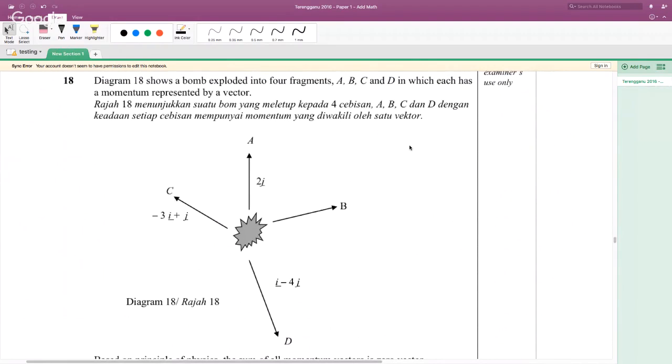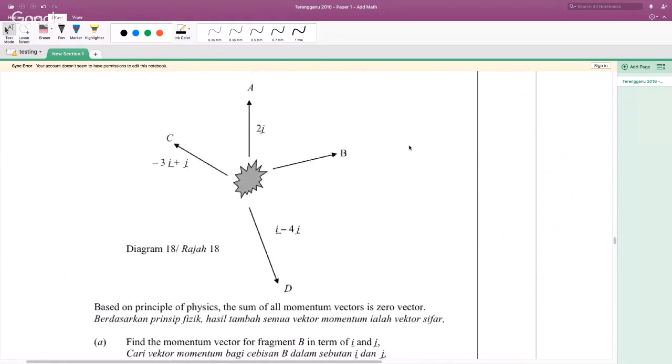Okay, so diagram 18 shows the bomb exploded into 4 fragments A, B, C, D, in which each has a momentum represented by a vector. So based on the principle of physics, the sum of all momentum vectors is the 0 vector. All right, so find the momentum vector for fragment B. Okay, it's quite easy.